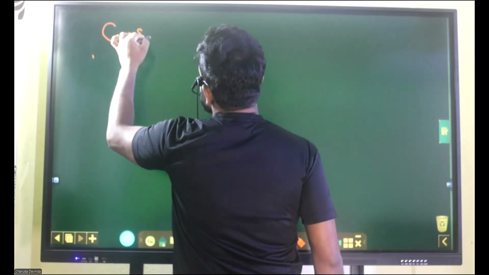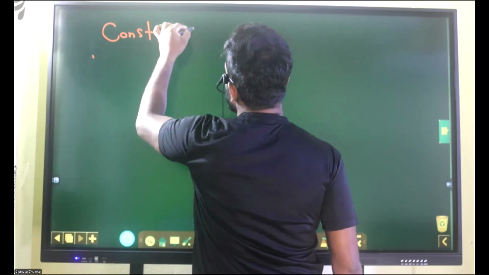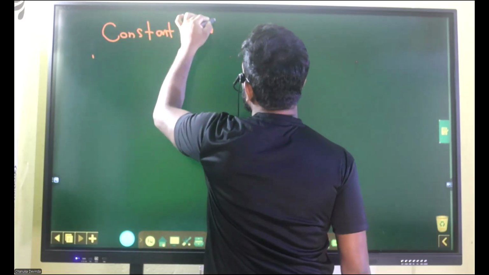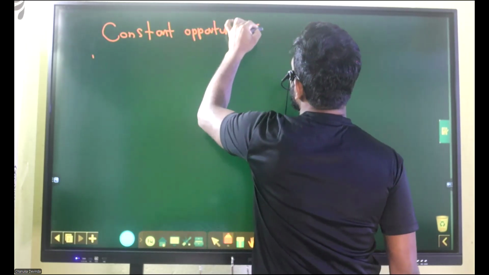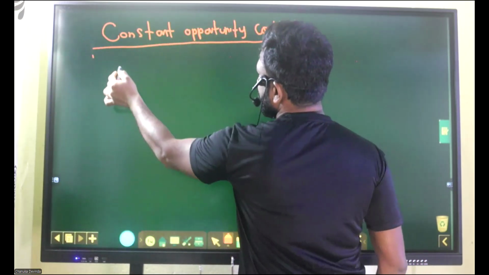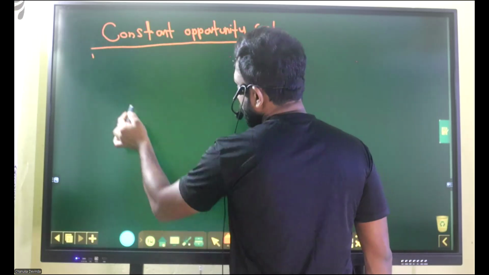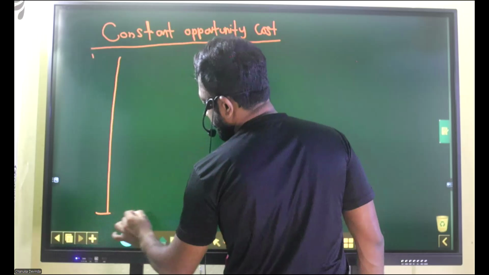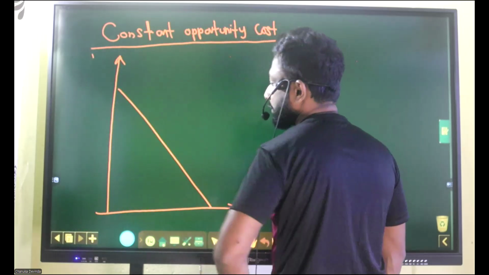Constant opportunity cost represents a straight line production possibility curve, right?